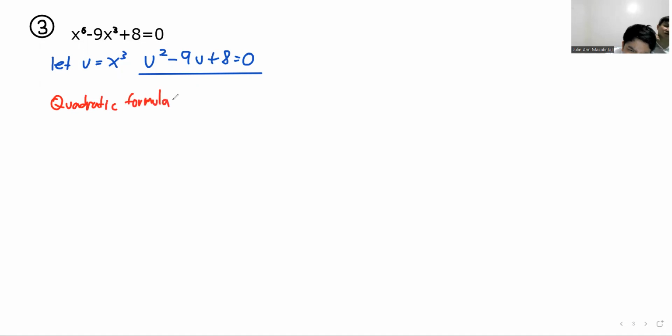For your viewers, you just substitute first. u squared is x cubed raised to the power of 2, right? Can you write it there for your viewers? I need to move this a little here.